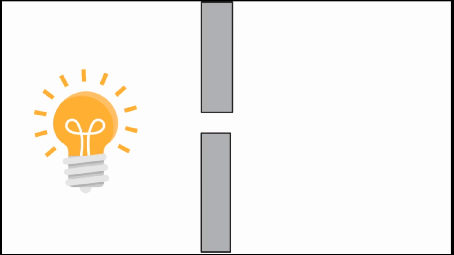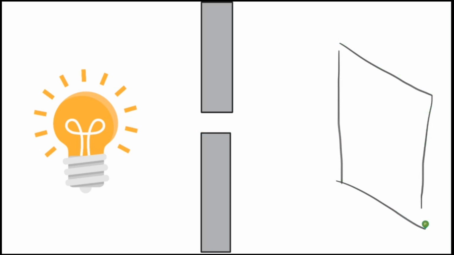Suppose I place a screen out here. What do we expect? We expect that whatever amount of light can flow through the slit will fall on the screen like this. Fine. This is what we expect.